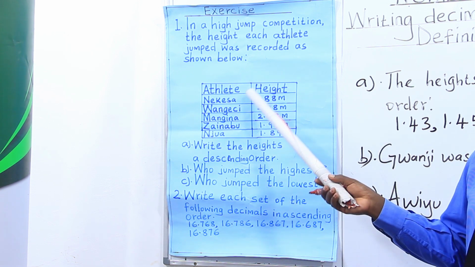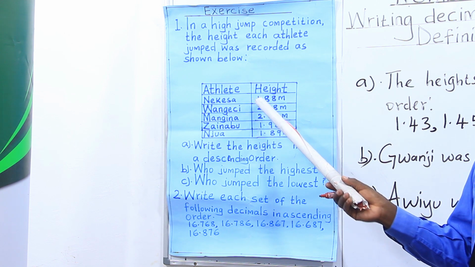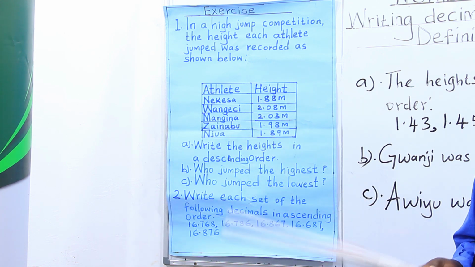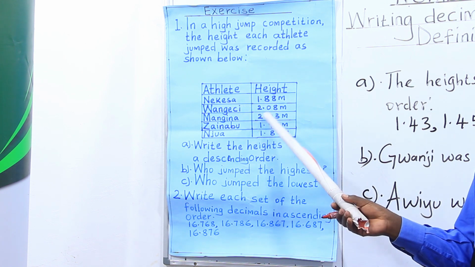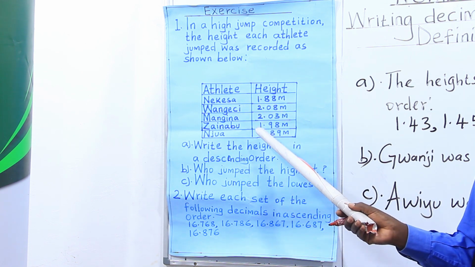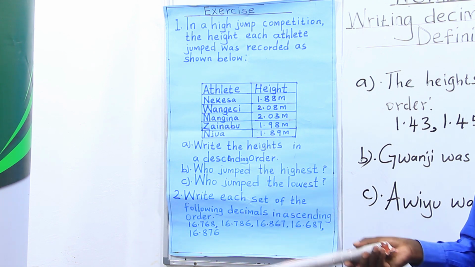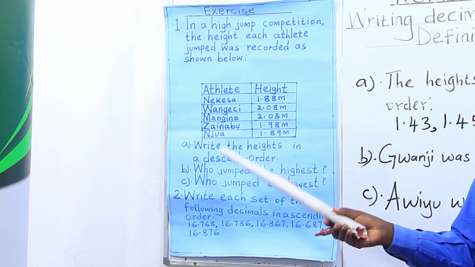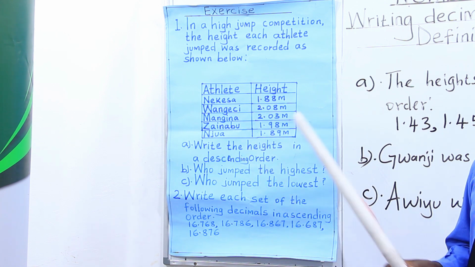We have the athlete and the height: Nekesa with 1.88 meters, Wangeshi 2.08 meters, Mangina 2.03 meters, Zainabu 1.98 meters, Njua 1.89 meters. And then you are asked, write the heights in descending order.